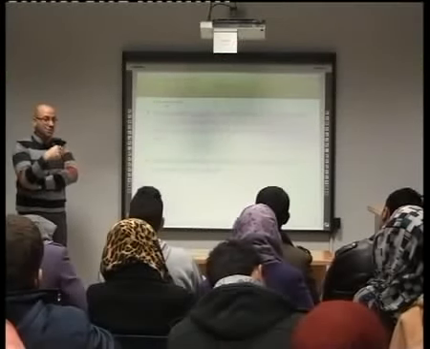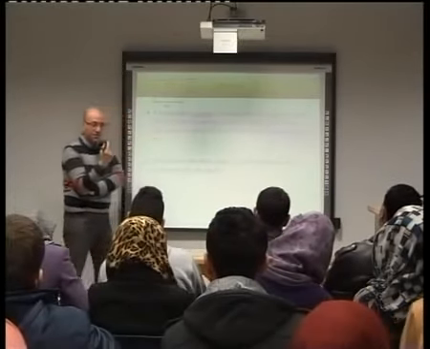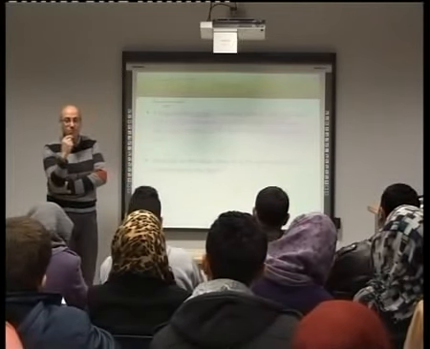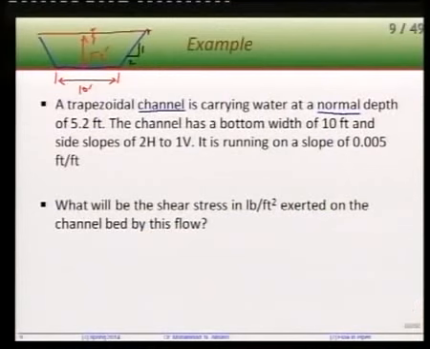Yeah, or we can say it the opposite. For 1 foot of water depth in the vertical dimension, there will be extent of 2 feet. That means if I do like that, now this 5.2, and then this will be 10.4. Okay, and the other side is the same because this is symmetrical.